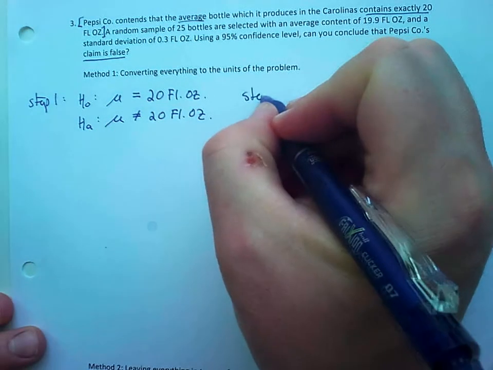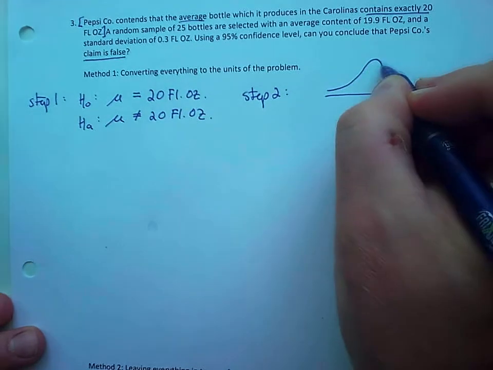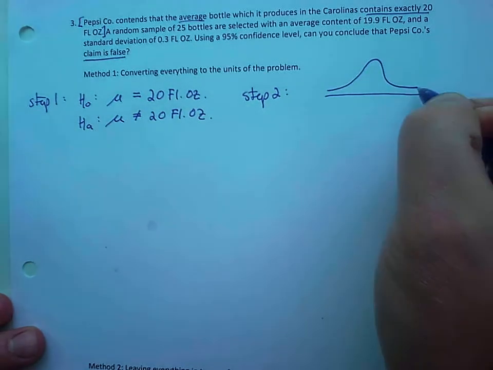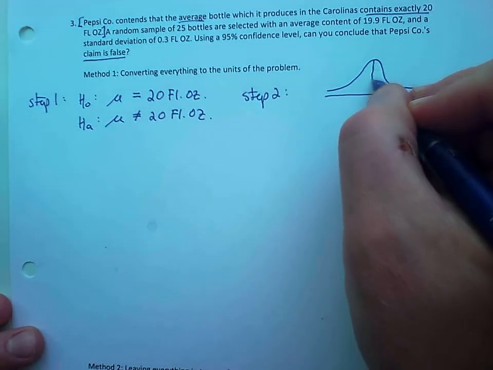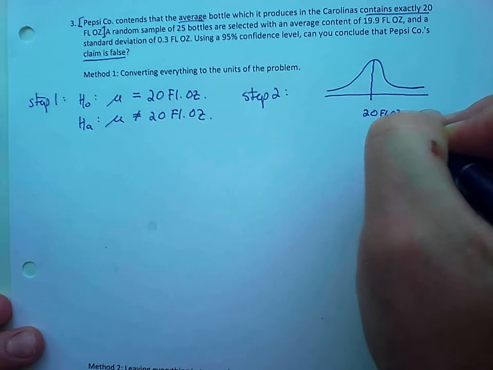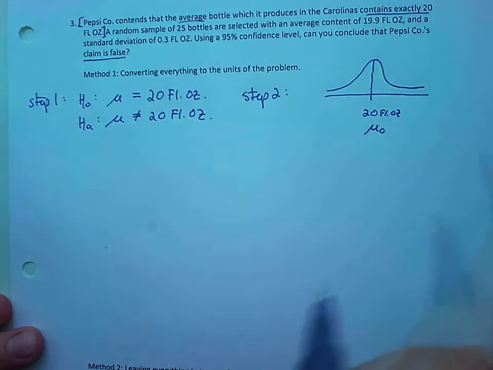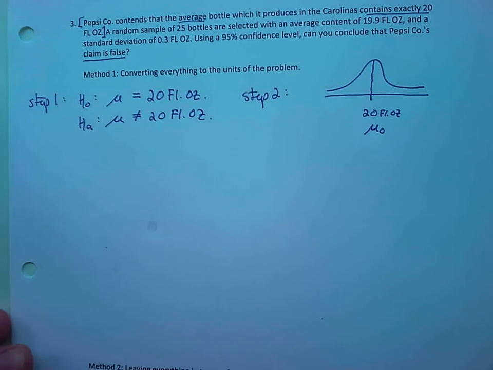The second step that we do for Chapter 8 questions is to draw ourselves a picture. We're using bell-shaped and symmetric distributions, regardless if we're using z-values or t-values. And this distribution is centered on our hypothesized value, which is 20 fluid ounces. And the symbol that we use for that is mu naught. We also want to determine where and how many rejection regions we have.